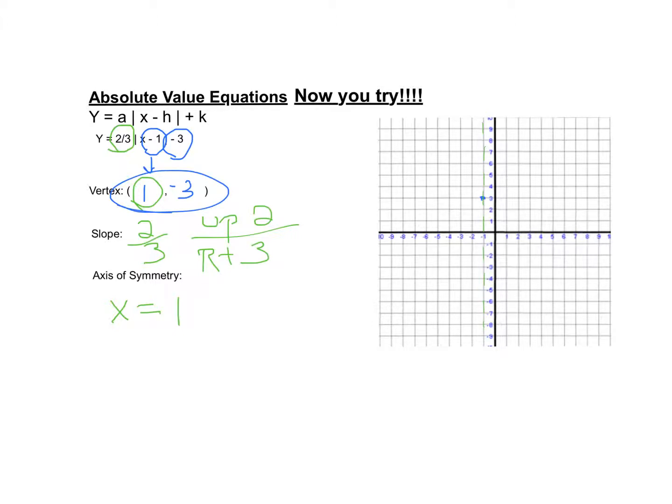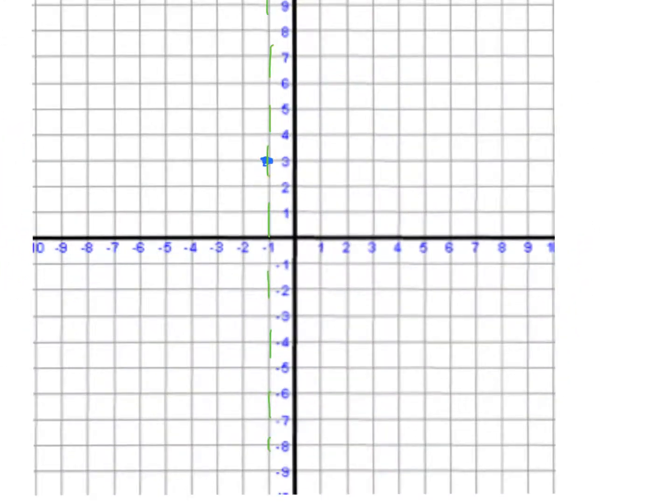So we're going to go up to the right 3 from those coordinates. No, that one's not very good. Let me do that again. Okay, up to the right 3.